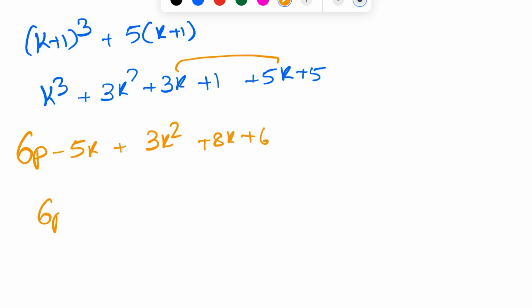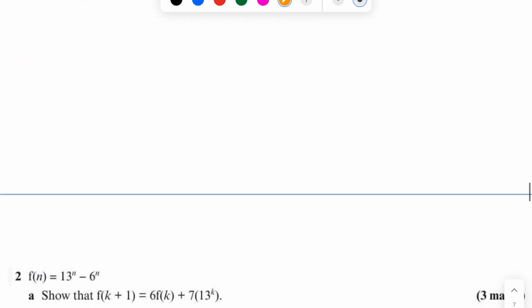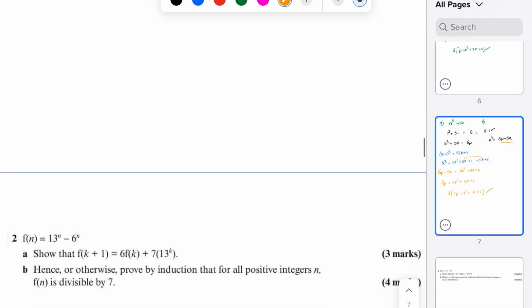So it becomes 6p plus 3k square plus 3k plus 6. Take 3 common: 3 times (2p plus k square plus k plus 2). Therefore, it is true for n equals k plus 1. So by the principle of mathematical induction, it is true for positive integers n.